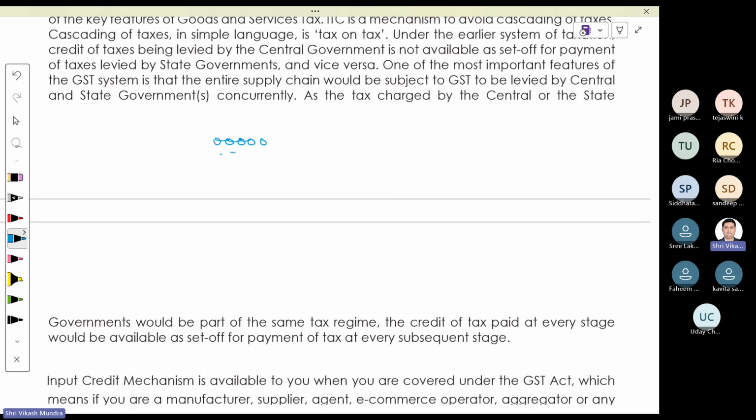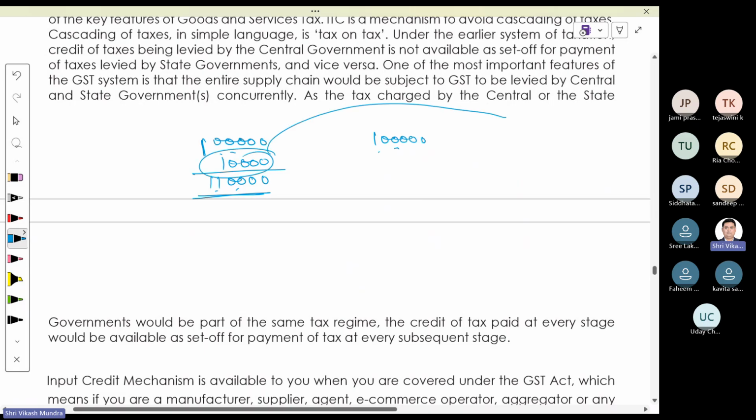I know 10% is not the actual rate of GST, but for the sake of simplicity, I am considering 10%. So he charged me 10,000 rupees, and the total payment I am required to make to Mr. X is rupees 1,10,000. In my books of accounts, I will consider 1 lakh as the cost of goods, and this 10,000 as prepaid tax, which in technical terminology is considered as ITC.